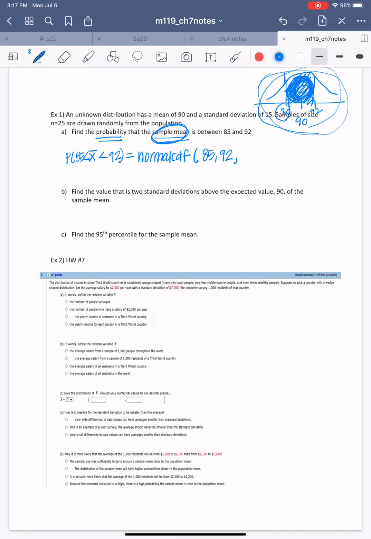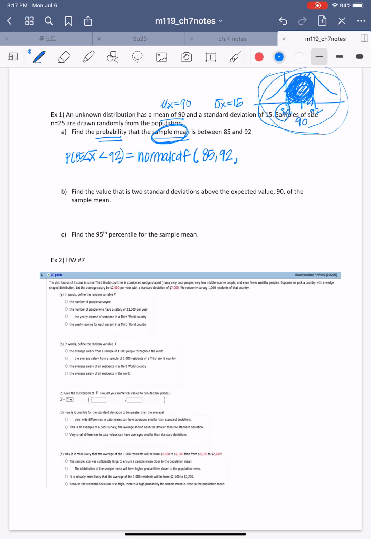Our mean, over here, is given as a mu of x, 90, and then standard deviation is 15. This is not your x bar because it tells you right there, an unknown distribution has a mean 90, standard deviation 15, and we had those 25 samples.